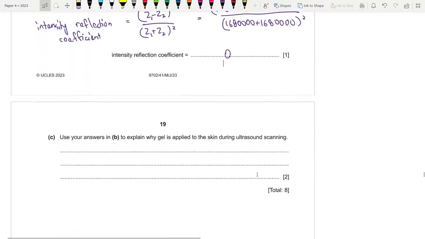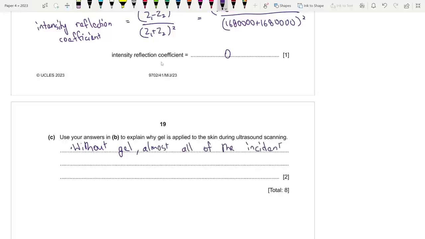Use the answers in B to explain why gel is applied to the skin during ultrasound scanning. Okay, so the main point is, without gel, what happens? Without gel, almost all, 99%, of the incident ultrasound is reflected from the skin.